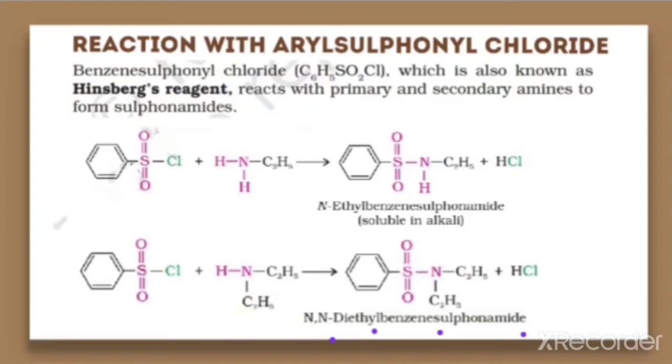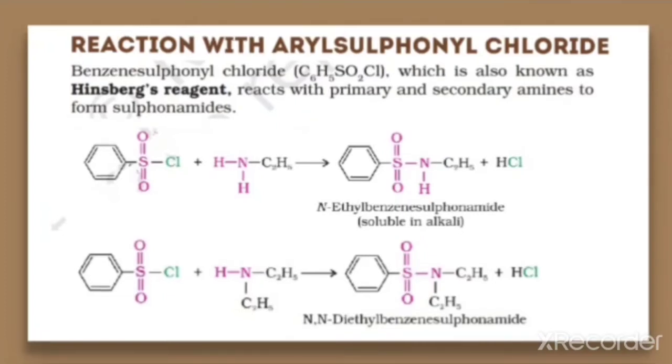But when we look at the two products formed in the first and second case, in the first case there is a hydrogen attached to the nitrogen. Because of the acidic nature of this hydrogen, it is soluble in alkali. But what about the second product formed with the secondary amine?